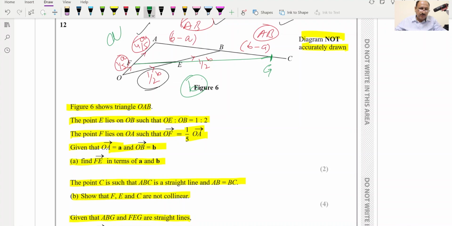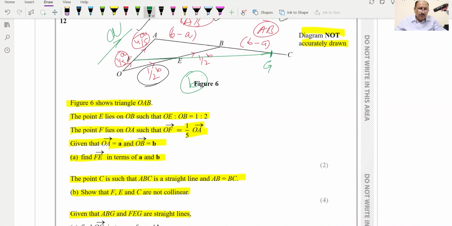OG will be equal to what? OG will be equal to, we can take this route, a vector, this route a vector, and plus m into b minus a.